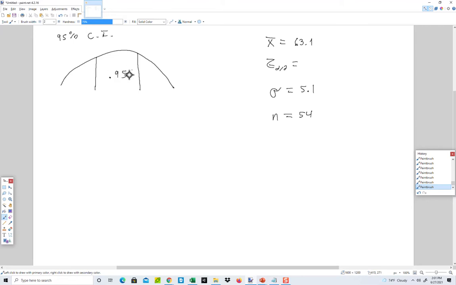Now notice I put it in decimal form. Now all of this adds up to 100%. So if I were to take 1 or 100% minus 0.95, that's going to give us 0.05. Now we're going to take this 0.05, the 5%, and split it into our tails. And so you can put that in your calculator, put in 0.05 divided by 2, and that gives you 0.025.